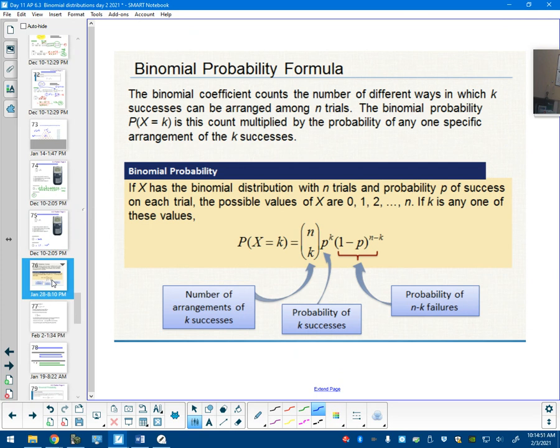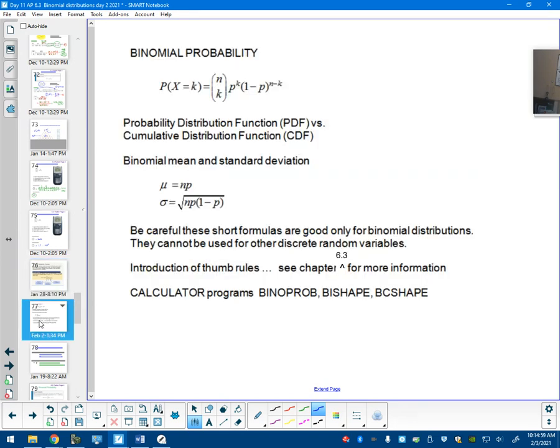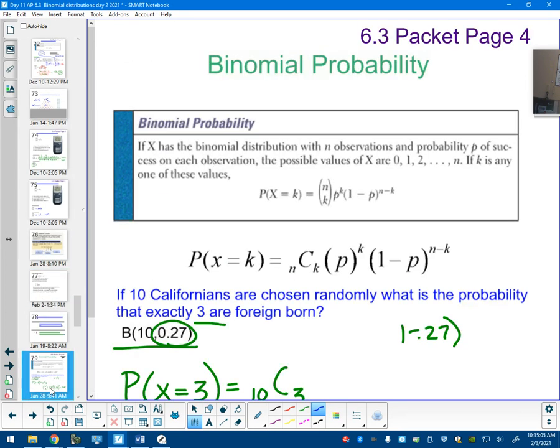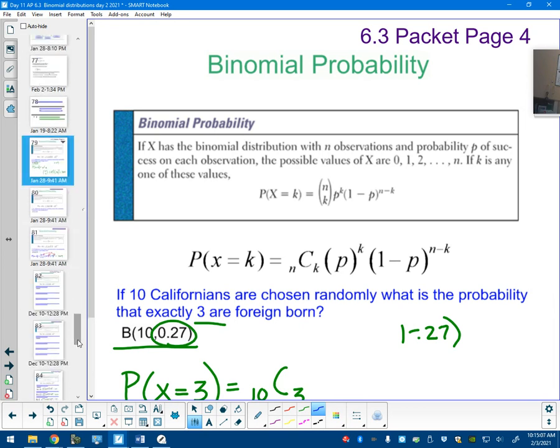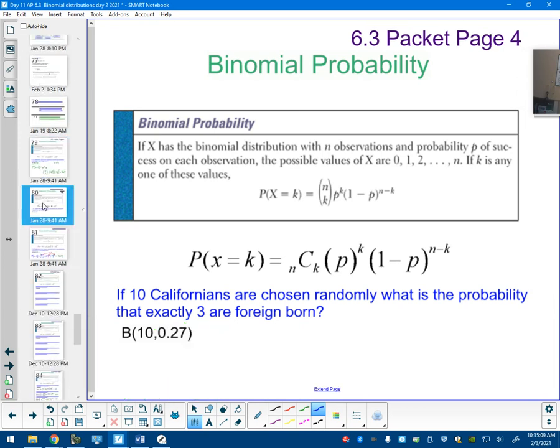We're going to use this formula that we just talked about. There's the formula right there. Tomorrow we'll do how we got to that. We are going to do it right on this page.